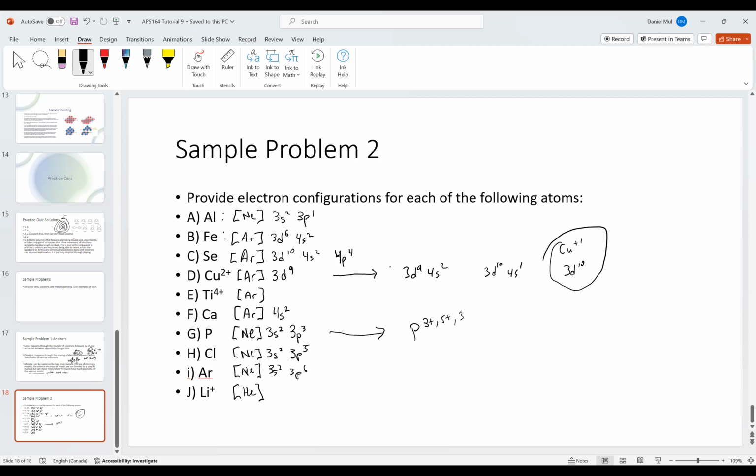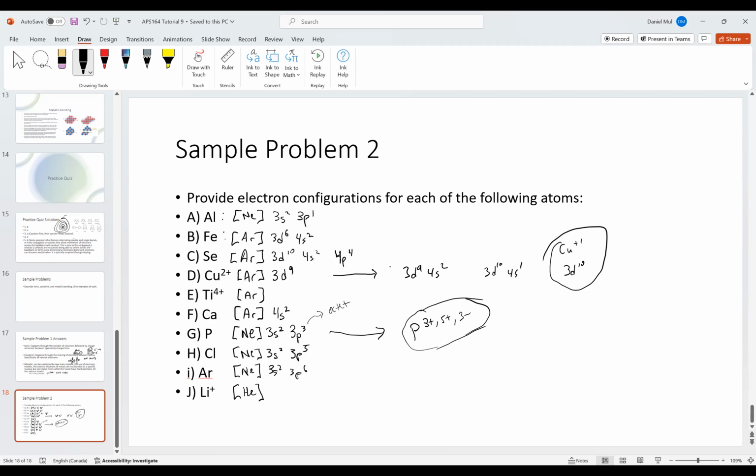And then you can also have 3-. It's one of those funky ones where it can have plus or minus. So when you look at these configurations and want to achieve octet stability, you can figure out charges from there.